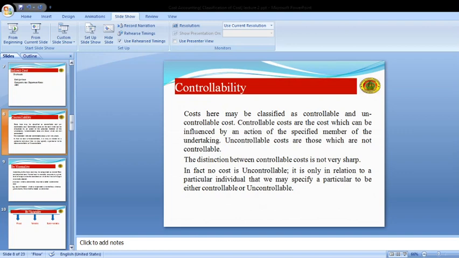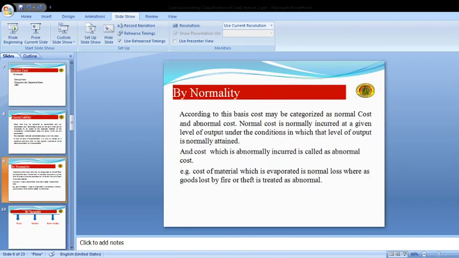Now, the next classification is as per normality. For a certain level of output, certain costs are considered as normal. But if the cost exceeds that level, then that will be considered as abnormal.